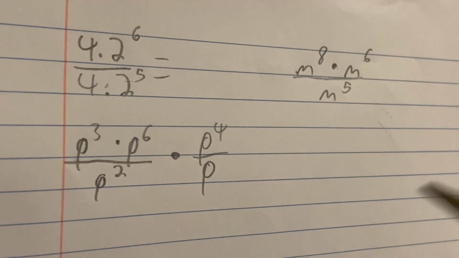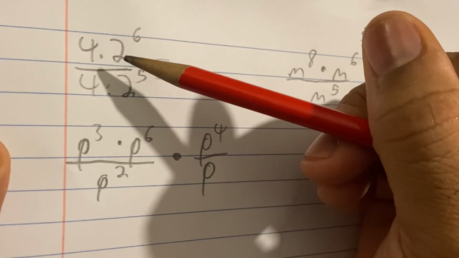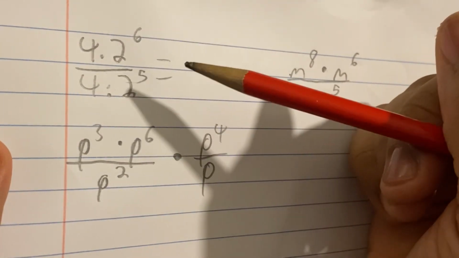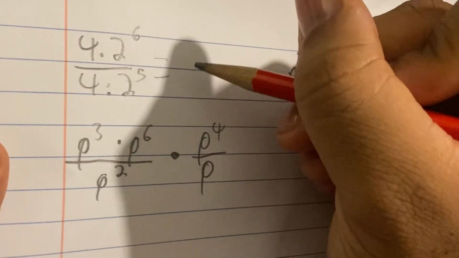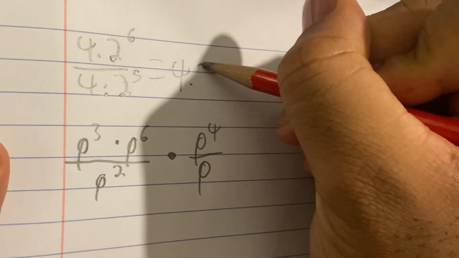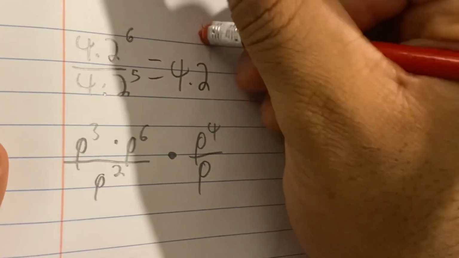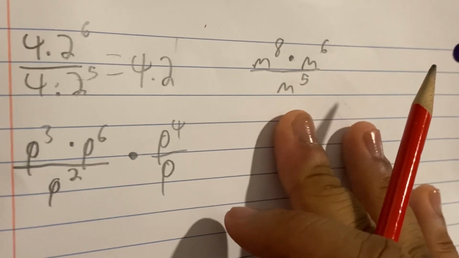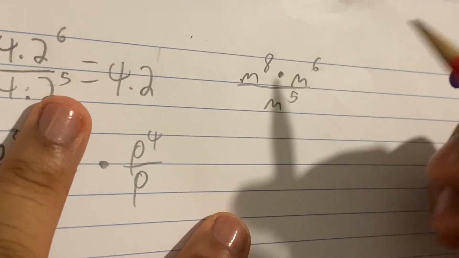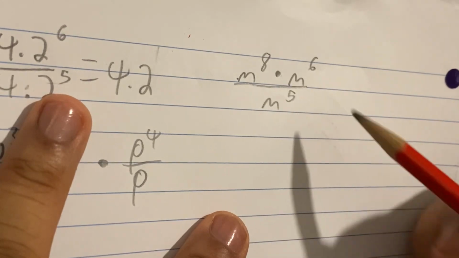So let's dive right in. This is obviously very easy. We're just going to disregard the base numbers here and just really look at the exponents. So as you can imagine, 6 minus 5 equals 1. So our grand answer is going to be 4.2 to the 1st power, or it could just be 4.2. If you put 4.2 to the 1st power, just 4.2 would be correct. Then over here, as we know, it's m to the 8th power times m to the 6th power over m to the 5th power.